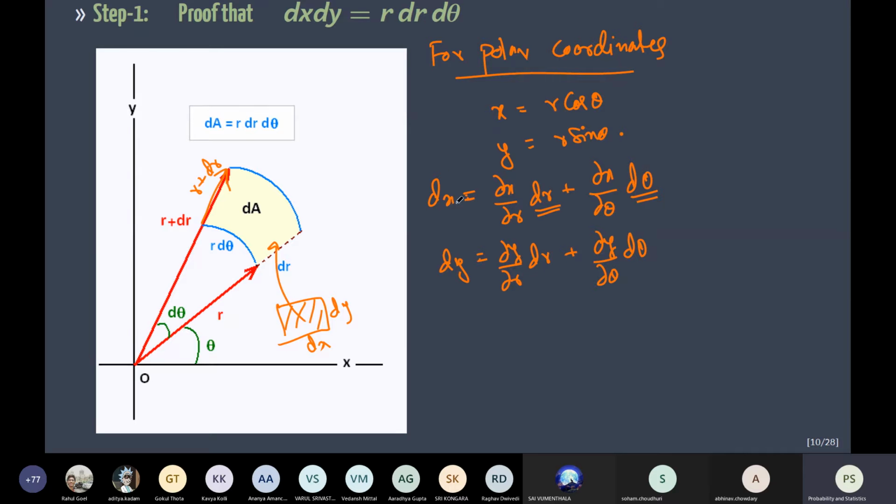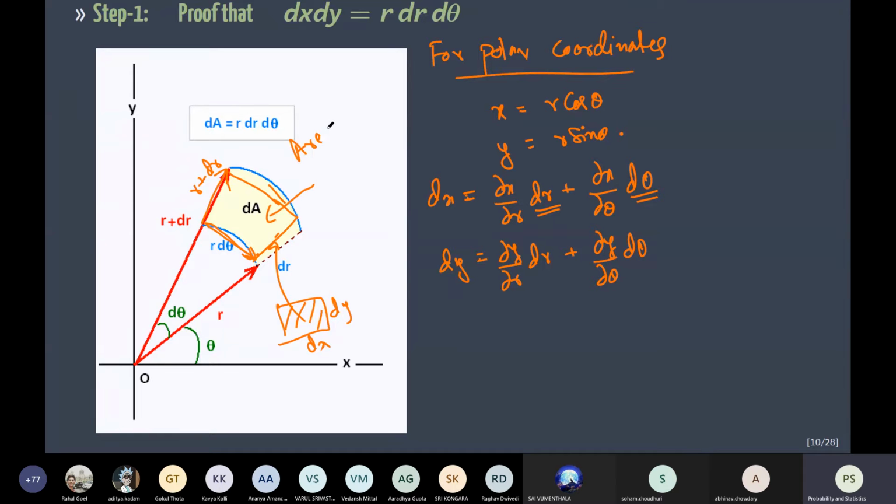So dx is now written in terms of dr and d theta, and similarly dy is written in terms of dr and d theta. So these are the elementary vectors. You can forget about this small band because it's small anyway. So now the question is, what is the elementary area spanned by these vectors, r dr and r d theta?